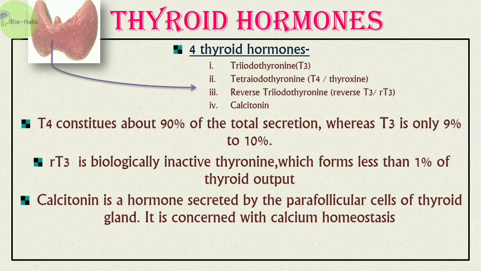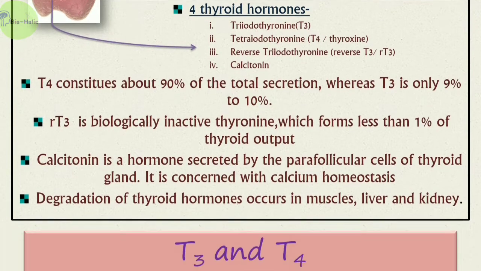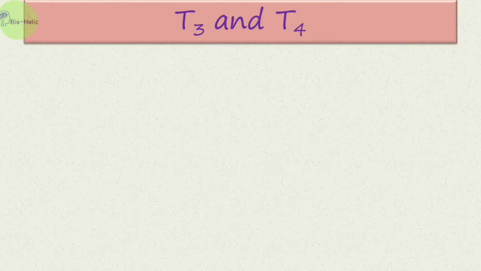Next Friday, we will learn about calcitonin and its function in details. The degradation of thyroid hormones occurs in muscles, liver and kidney. Clear?